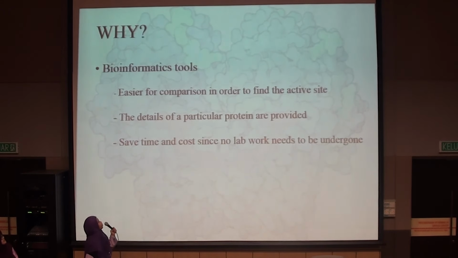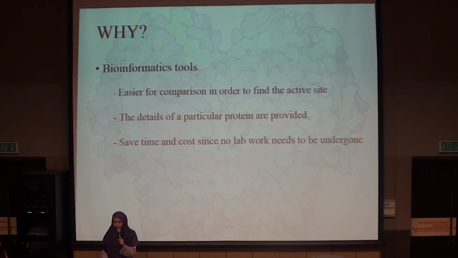So why do I use bioinformatics tools? Because it is easier for me to compare the amino acid sequences from those three organisms, and the details of a particular protein are all provided in bioinformatics tools. It also saves cost and time because no experiment needs to be undergone.